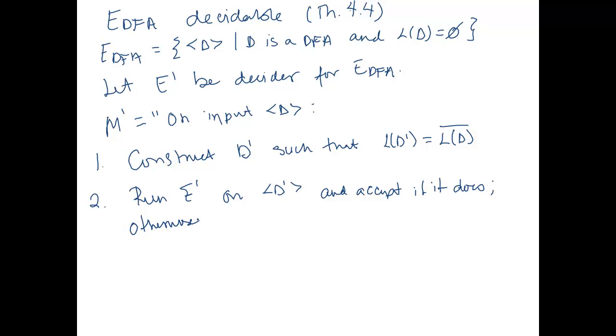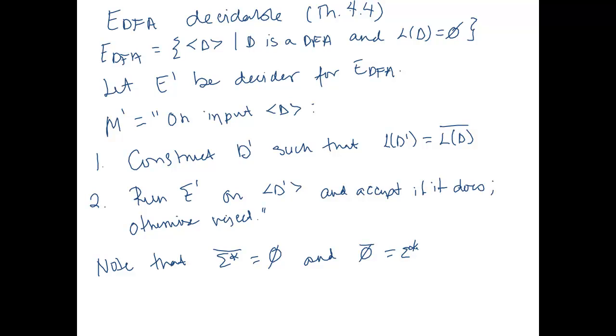Otherwise, reject. Okay, so to convince ourselves that this actually works, we're going to notice a couple things. Note that the complement of sigma star is the empty set, and the complement of the empty set is sigma star.